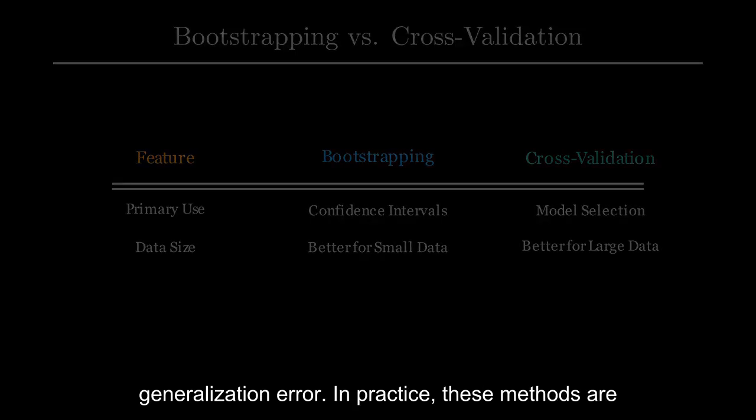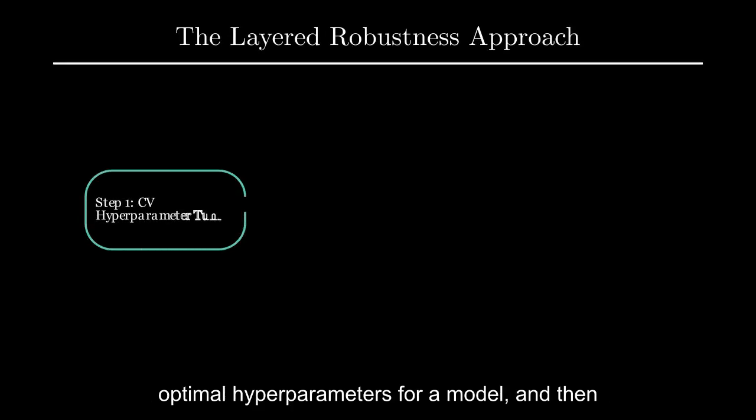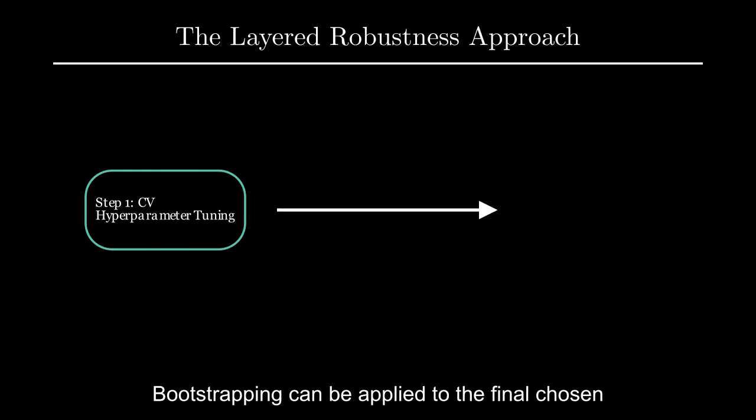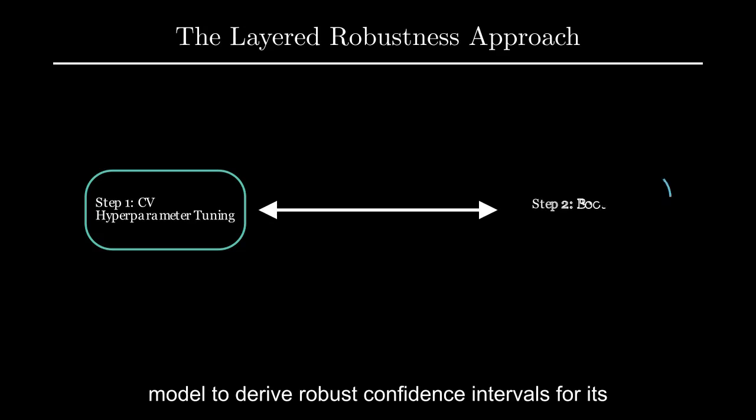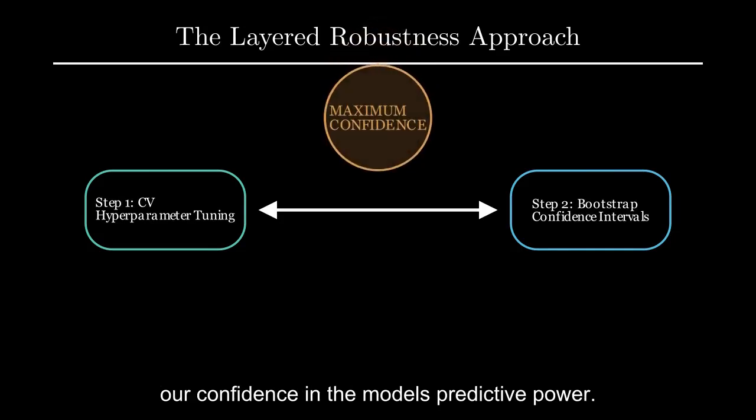In practice, these methods are often used in conjunction or sequentially. For instance, cross-validation can be used to select the optimal hyperparameters for a model, and then bootstrapping can be applied to the final chosen model to derive robust confidence intervals for its performance metrics. This layered approach maximizes our confidence in the model's predictive power.